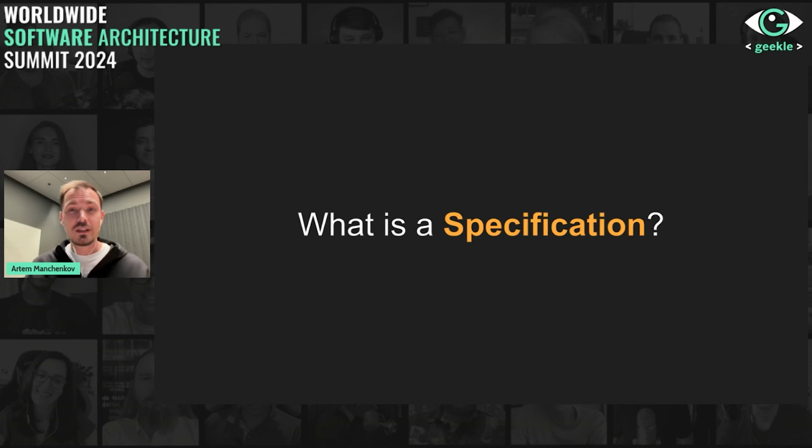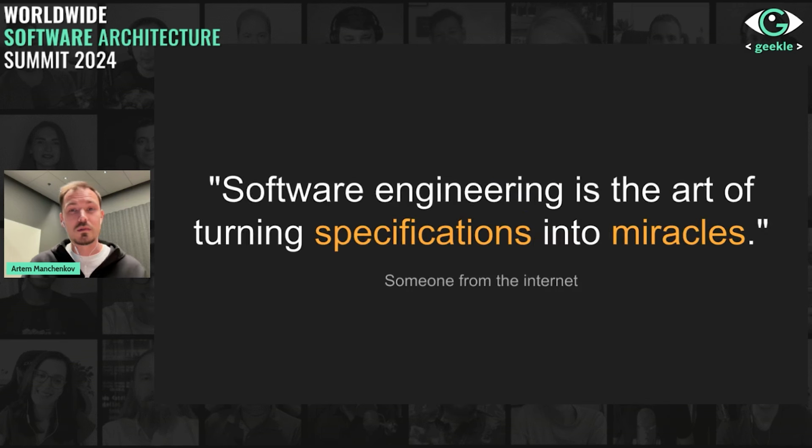There are a lot of things to discuss when it comes to specifications in the engineering world. But what is the specification actually? Let's establish the key meaning before we can move forward. Some time ago, I was checking different articles, and I found this particular quote that I really liked, because it actually reflects the meaning of the specifications in the development process.